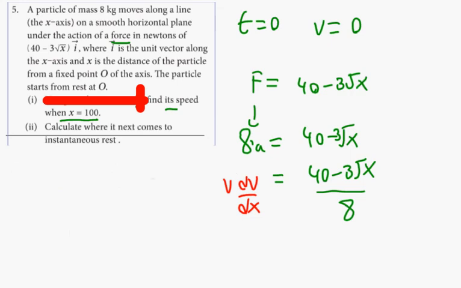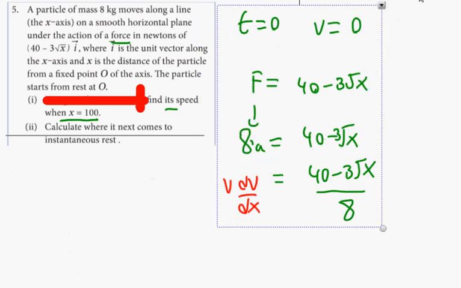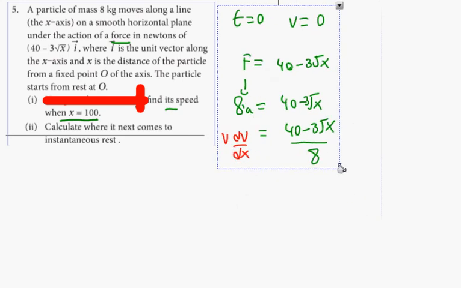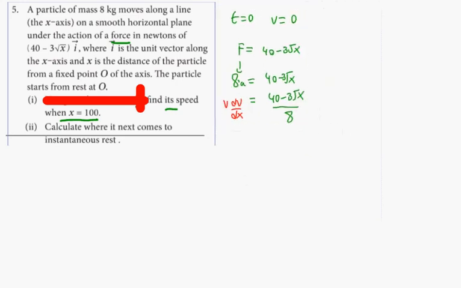Now that that's done, I'll get rid of the fraction. I don't like fractions. So 8v dv equals (40 minus 3 root x) dx. Integrate both sides.